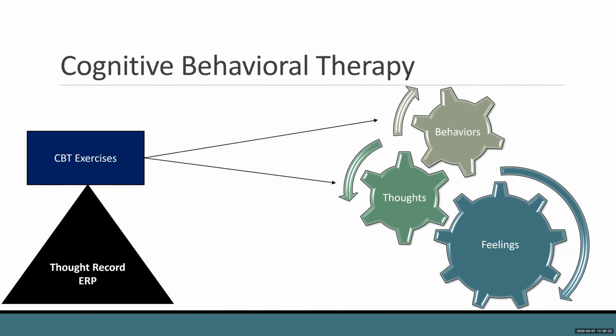We want to feel better. We don't want to be feeling anxious all the time. We don't want to be feeling this negativity all the time. So this is the idea behind cognitive behavioral therapy, that if we can change our automatic thoughts and alter some of our behaviors, these two things are ultimately going to change how we feel.